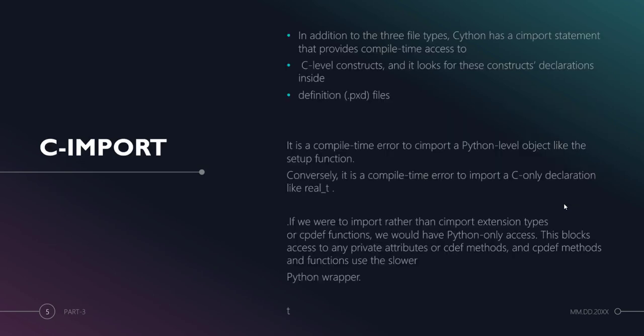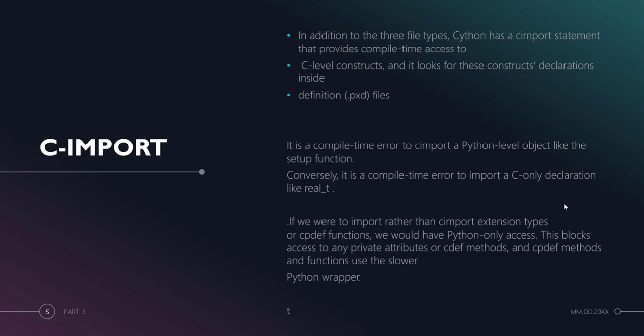So cimport. As I shared in the beginning, Cython supports import, but if you want to have more control in the Cython and the C control access to the cdef and the internal C interfaces, you need to do a cimport. This cimport statement provides compile time access to C-level constructs, and it looks for these construct declarations inside the .pxd files. These .pxd files are what I explained in the previous section.